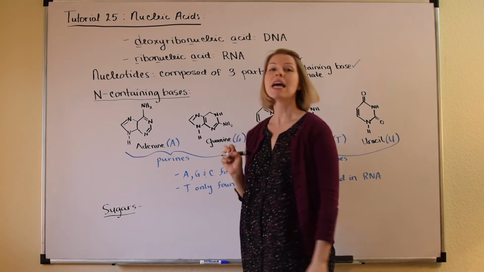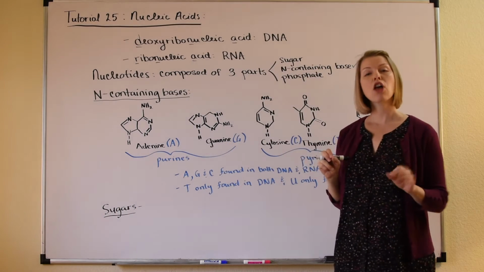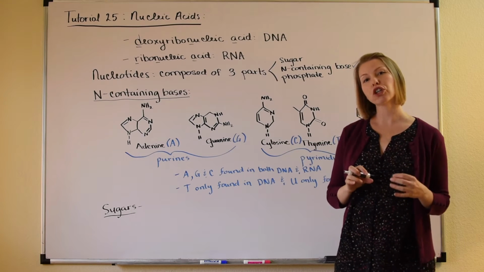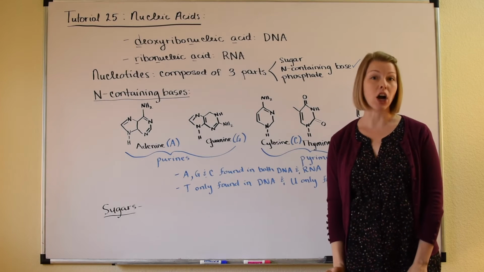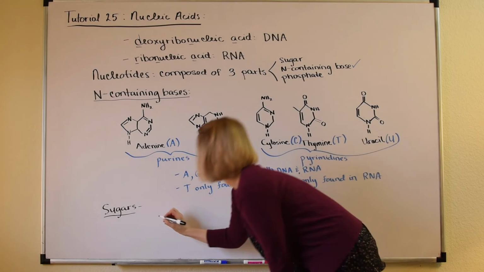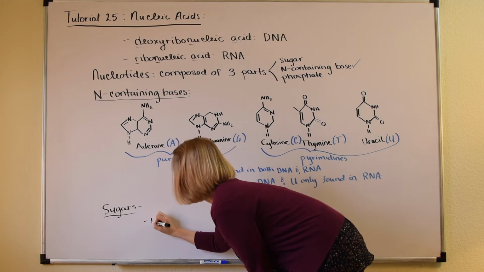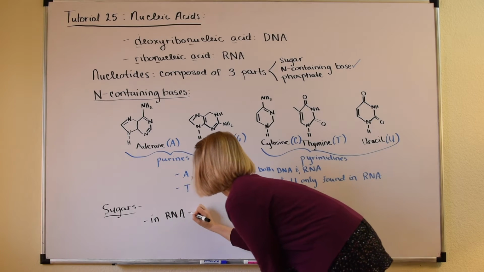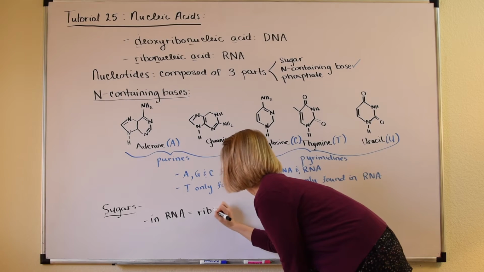Okay, the sugars. In RNA, the sugar is always ribose. In DNA, the sugar component is always deoxyribose. So let's write that down here. In RNA, the sugar is ribose.